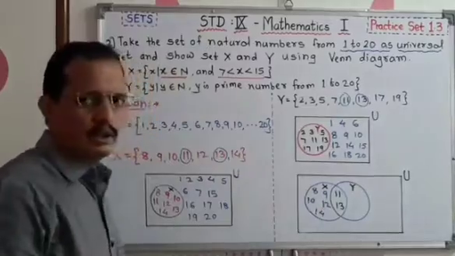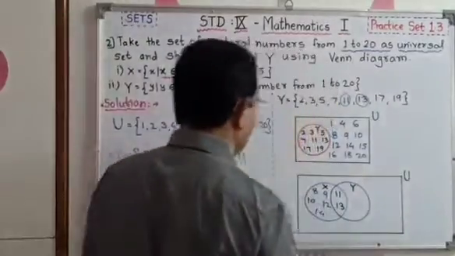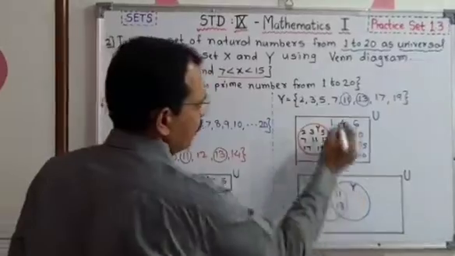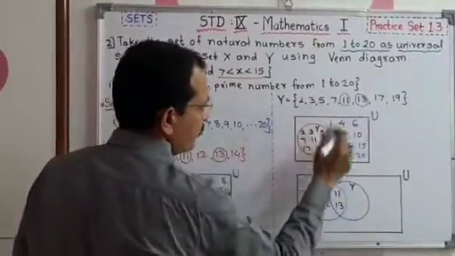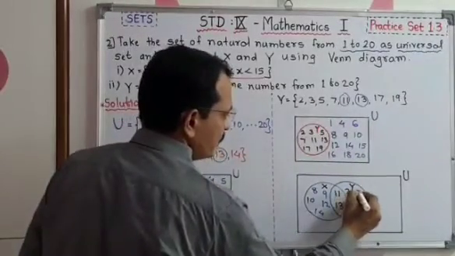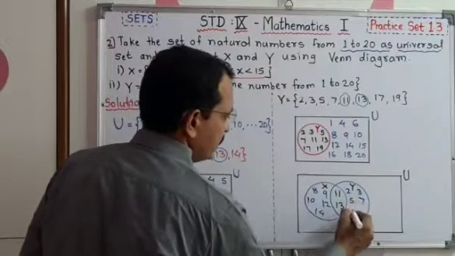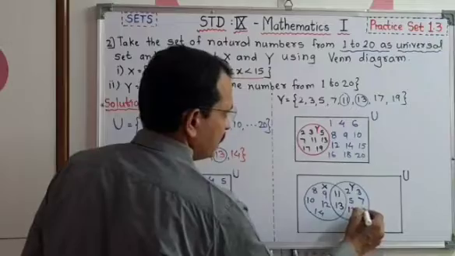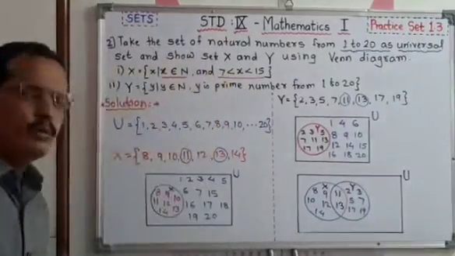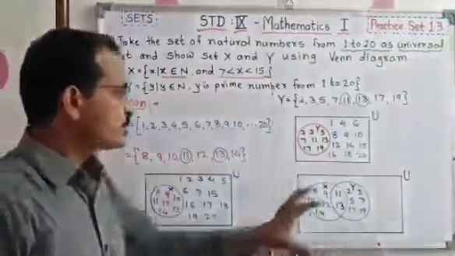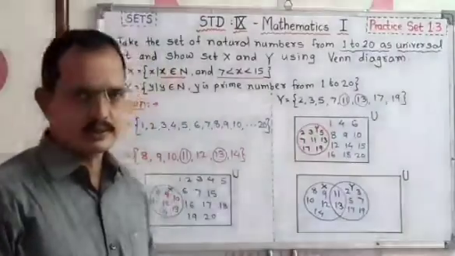Now we have to write the elements of set Y. 11 and 13 are there, therefore we write 2, then 3, 5, 7, 17 and 19.